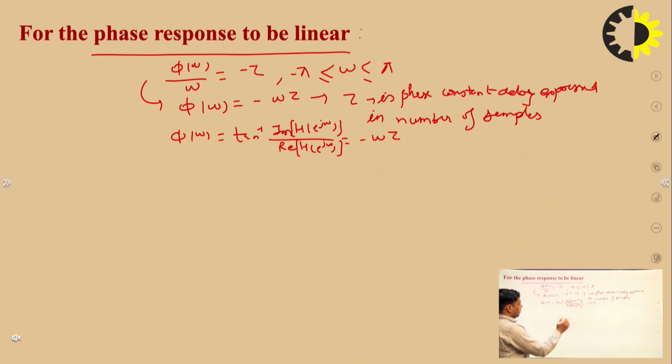So we can write this equation, phi of omega is equal to tan inverse of imaginary part divided by real part, equal to minus omega tau.